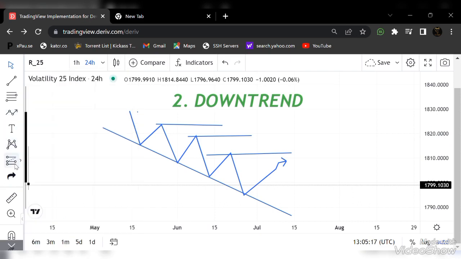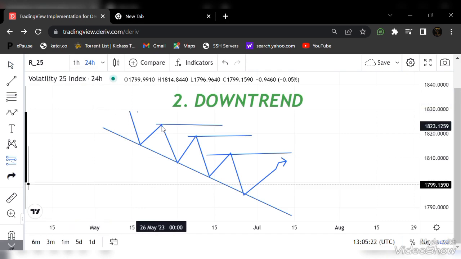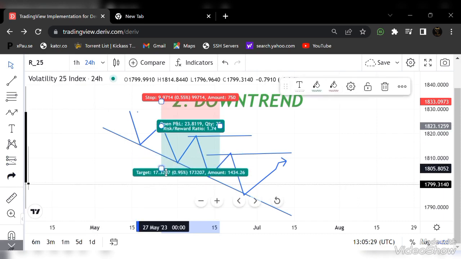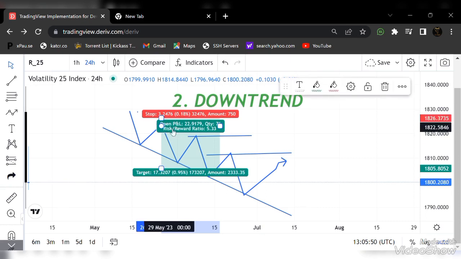So it would be wise for us to enter here, and then close before this low right here for sales, and then we'll set our trend line slightly above this lower high, and then we will sell.